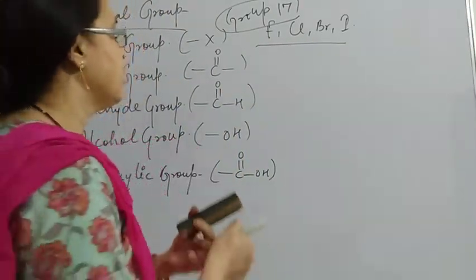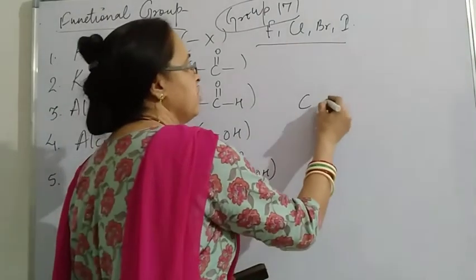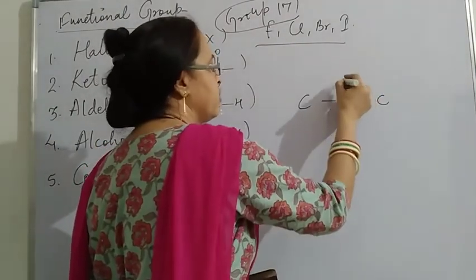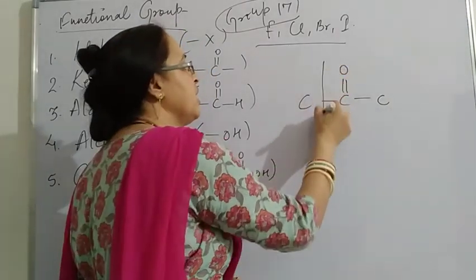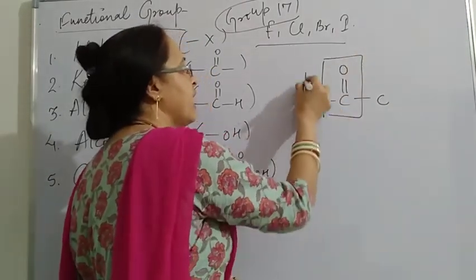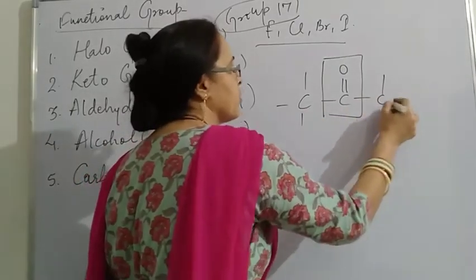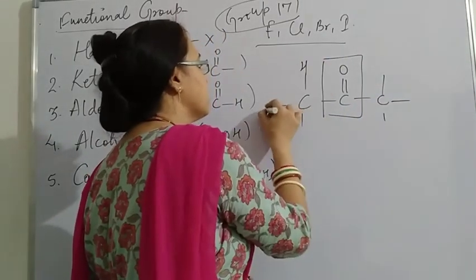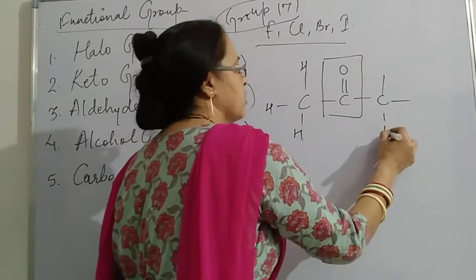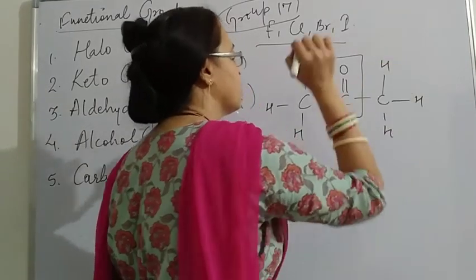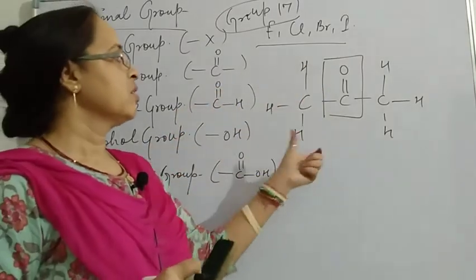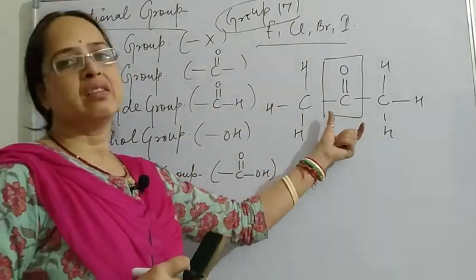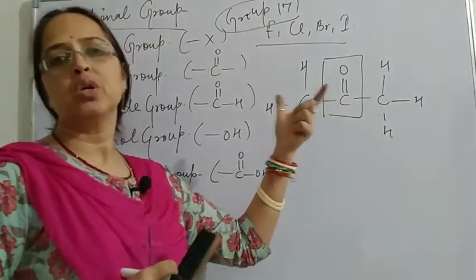First 1, 2 and 3, and the second carbon will have the double bonded keto group, and the other carbons' valency is fulfilled. In this manner, the keto group is placed in the center, in between the two carbon atoms.